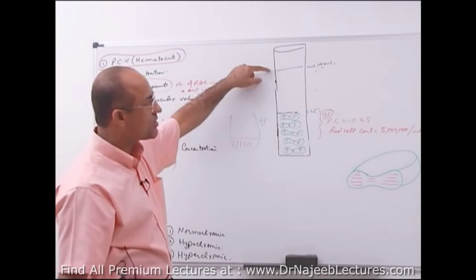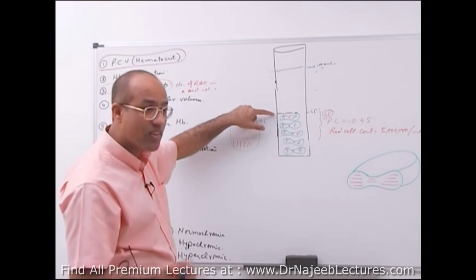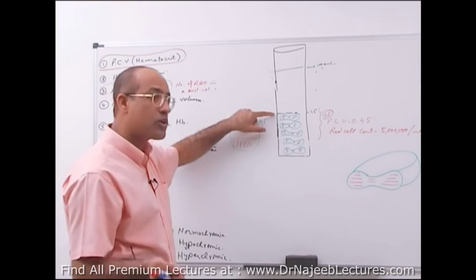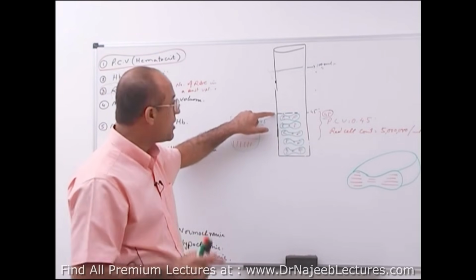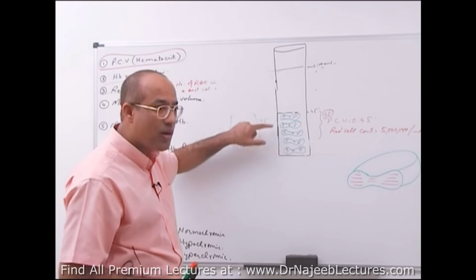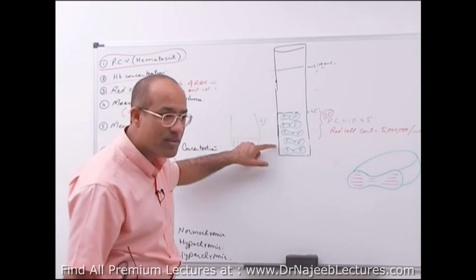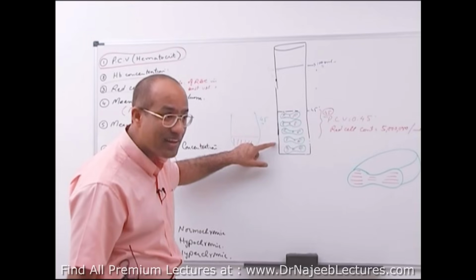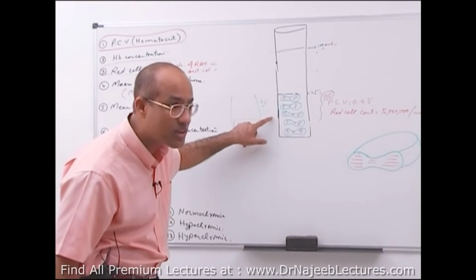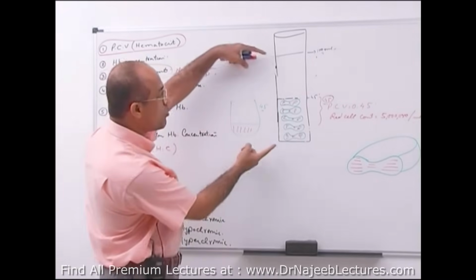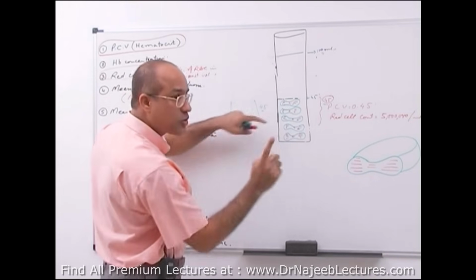Total blood was how much? 100 ml. 45 ml was what? Packed cell volume. 45 ml packed cell volume was containing 1/3 amount of hemoglobin. So 45 ml was containing how much hemoglobin? 15 gram. So out of 100 ml there was only 15 gram what? Hemoglobin. So in one amount of blood which was 100 units, only 15 units was hemoglobin.